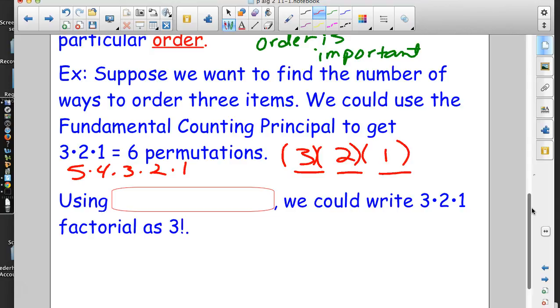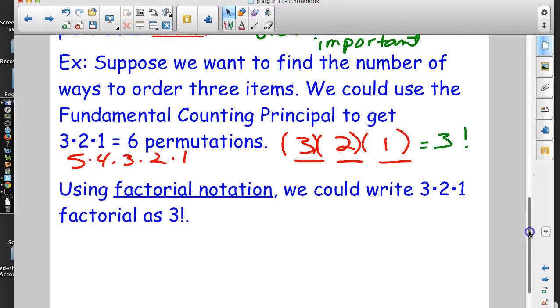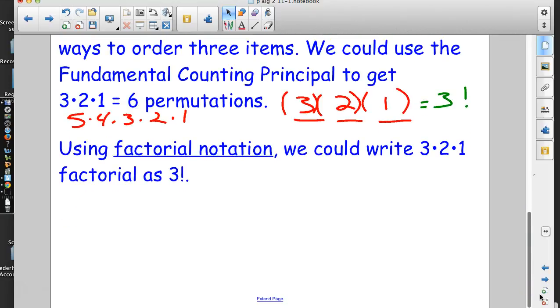And factorial, we use the symbol exclamation point for. So permutations use that concept of factorial. And if you want to arrange them all, that's the fastest way to figure it out. So using factorial notation, we can write that 3 times 2 times 1 as 3 factorial.